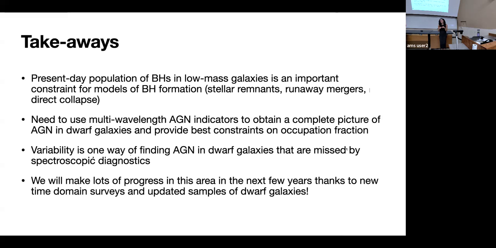Some simulations will just start all black holes at 10 to the 6 solar masses, and so those aren't very constraining. But we're starting to get to higher resolutions where folks will input realistic criteria for when something will collapse into a black hole. So there's been a lot of improvement there in the last few years, but there's still a lot of range of what you get out at the end in terms of the black hole population.